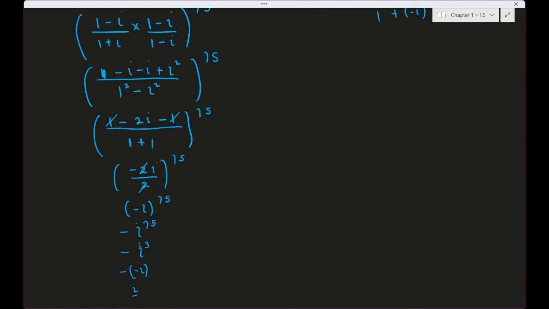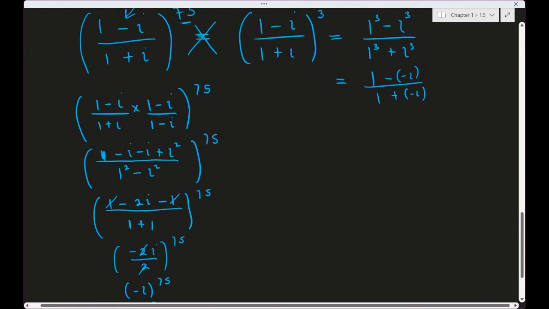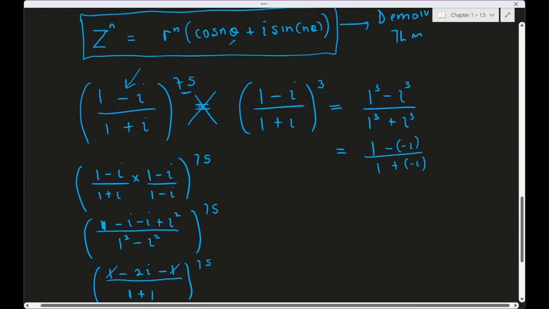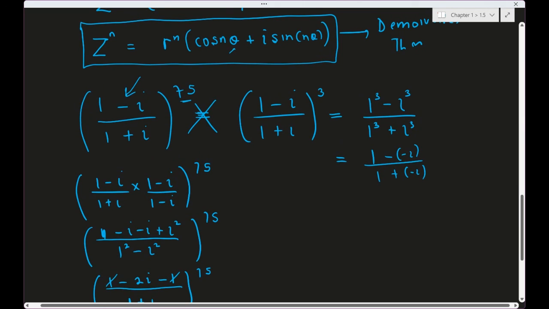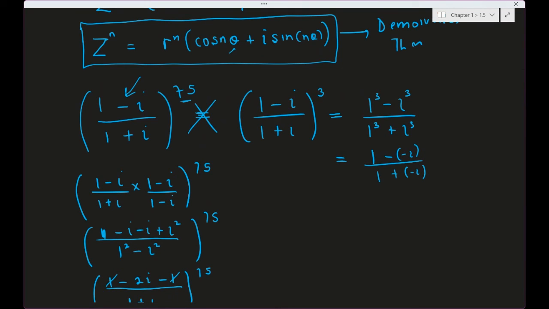Now, what is the lesson here? The lesson is, before you apply the power rule for imaginary numbers, you should make sure that the real part of that complex number is 0. If the real part is not 0, first of all, rationalize it before you apply it.